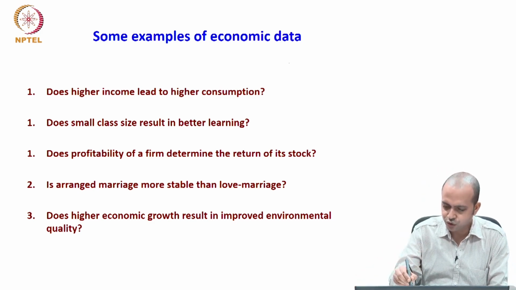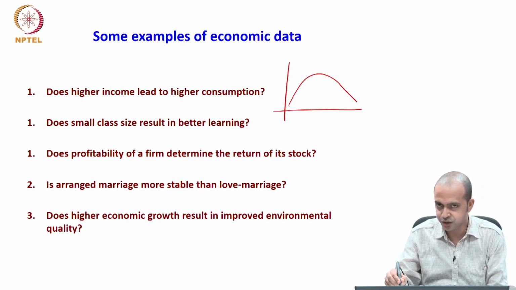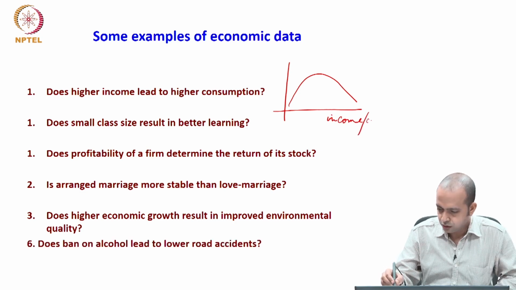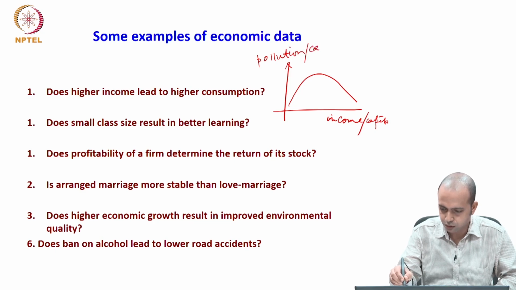So, basically you may think about an inverted U-shape relationship between, let us say, in the x axis we are measuring income per capita and here this is pollution per capita.